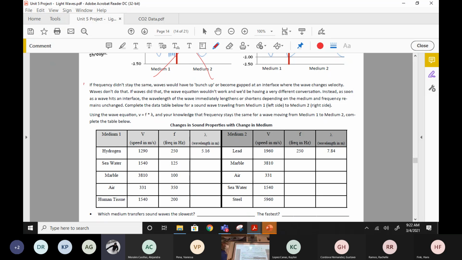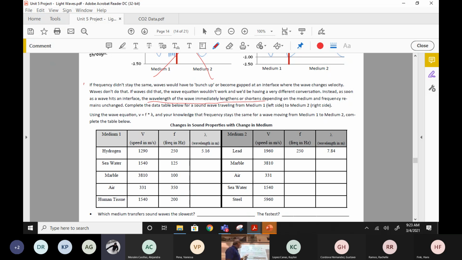Instead, as soon as a wave hits an interface, the wavelength immediately lengthens or shortens, depending on the medium, and the frequency remains unchanged. So when the wave goes from air to water, the wavelength changes, the frequency stays the same.